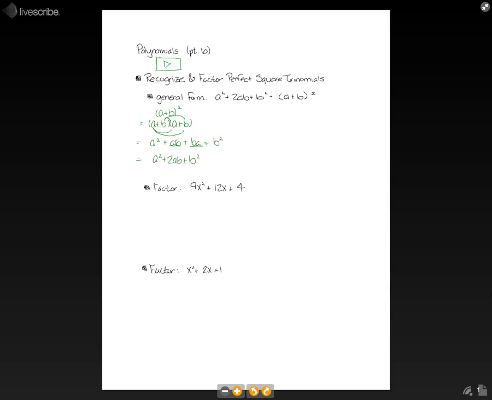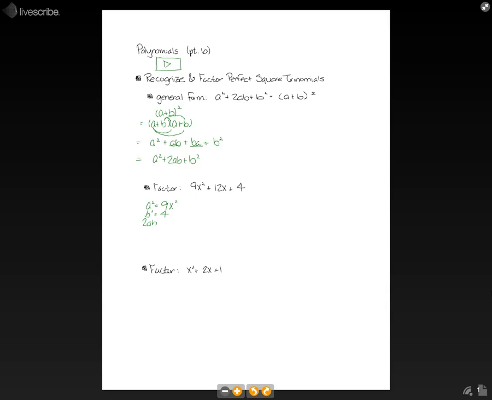When we have expressions where we're asked to factor, for example, 9x squared plus 12x plus 4, we see that it could be of the form a squared plus 2ab plus b squared, which we can check. If it is part of this perfect square trinomial family, a squared would be 9x squared, and b squared would be 4.